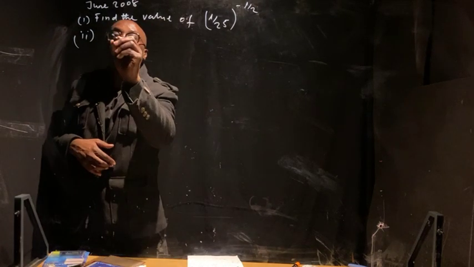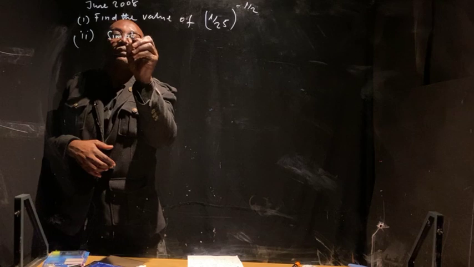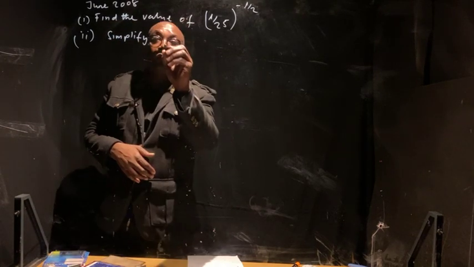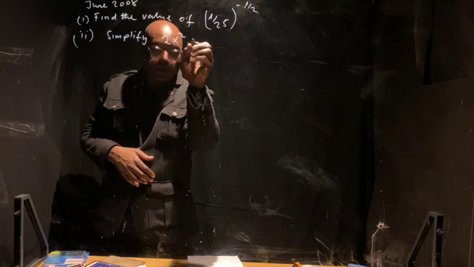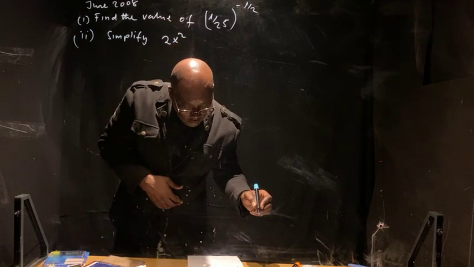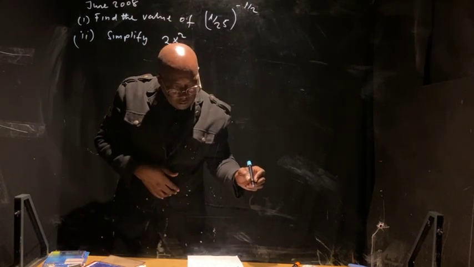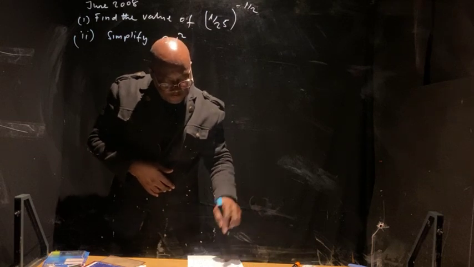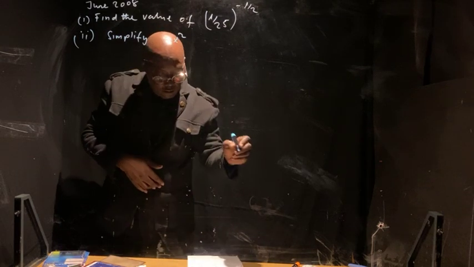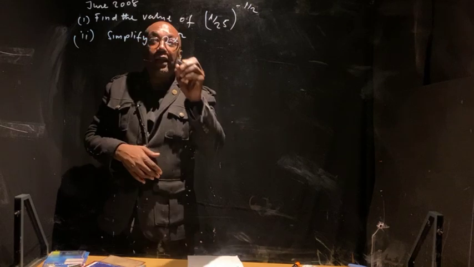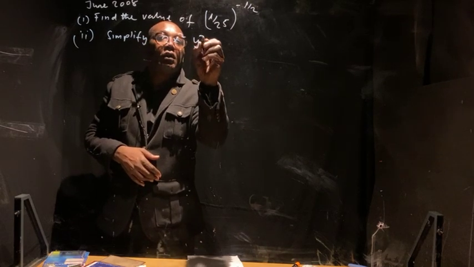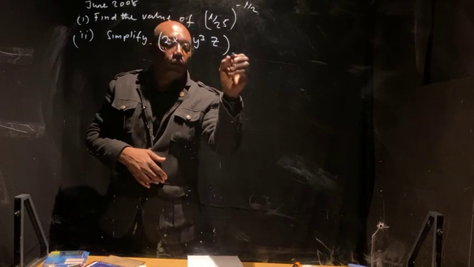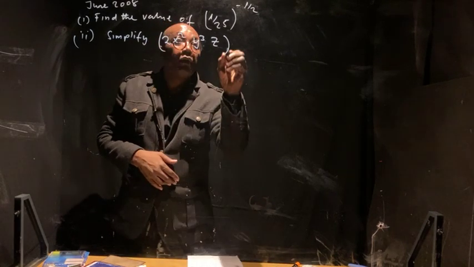Simplify 2x squared, y cubed, z, all raised to the power 5.